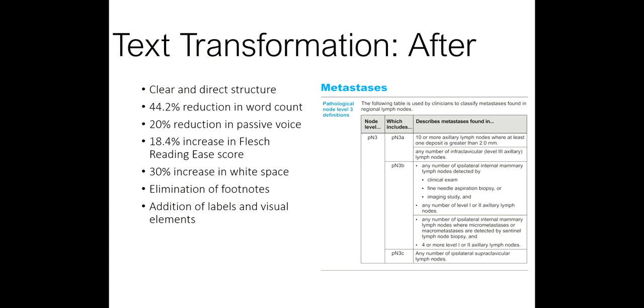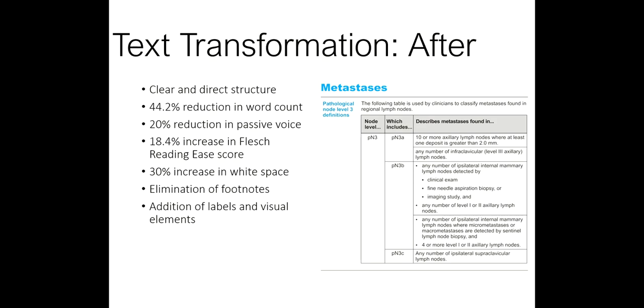In this case, throwing things into a table with a much more clear and direct structure, greatly reducing the word count, and reducing the use of passive voice within the material. Making things more active voice is known to be better in terms of comprehension and retention. There is in fact an almost 20% increase in the Flesch reading ease score in this case.